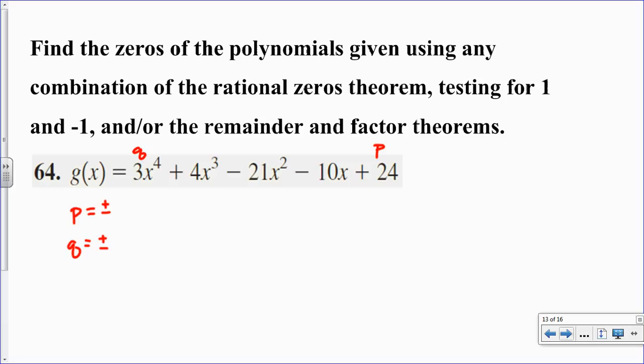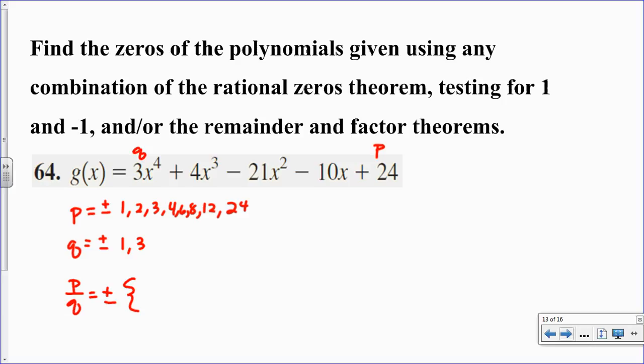So factors of 24. And then factors of 3 are 1 and 3. So go ahead and list out the P's over Q's. Reduce.